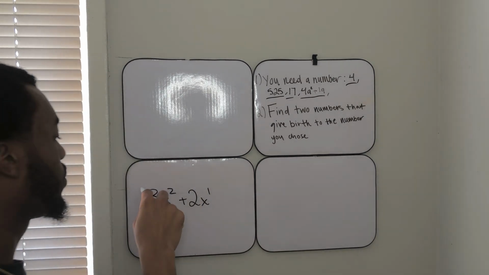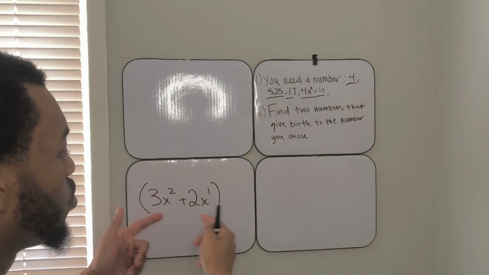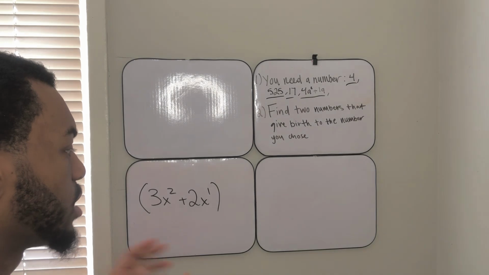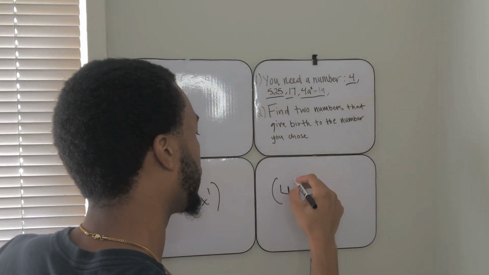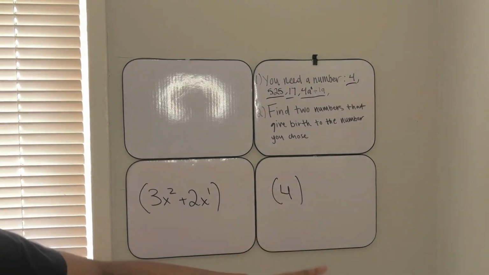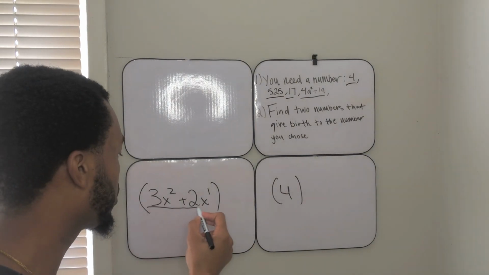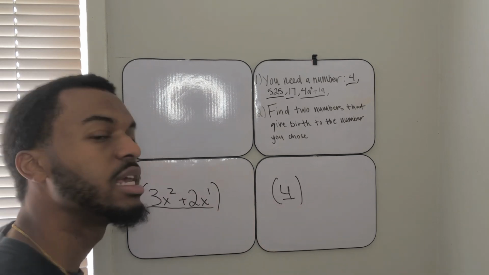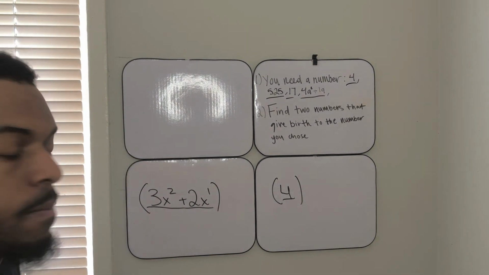Again, first of all, I want to put parentheses around this so we know that this is one whole number. I want you to conceptualize that. This is the same as putting any old plain number in parentheses. This is the same as that: 3x squared plus 2x to the first. It just has some different parts in there.